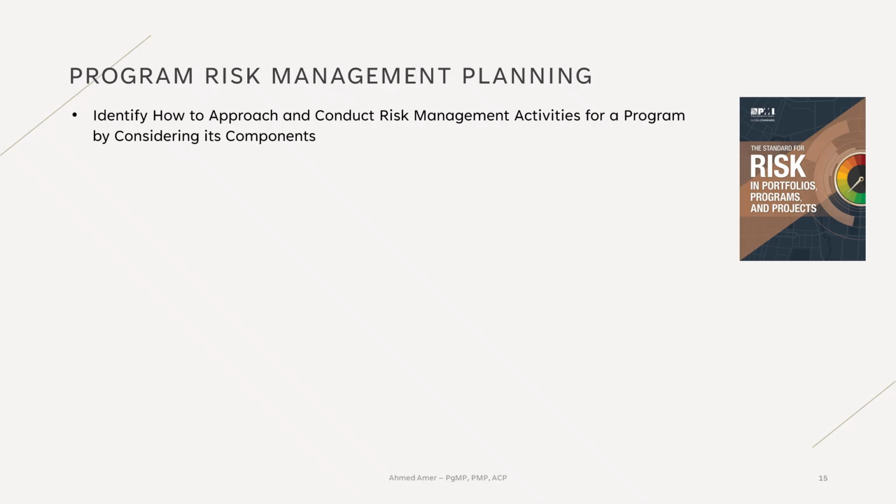And that's exactly what this activity does. It sets the tone for how risk management will work throughout the program. The program risk management plan, which is part of the overall program management plan, explains how risk activities will be structured and how everything will be carried out.